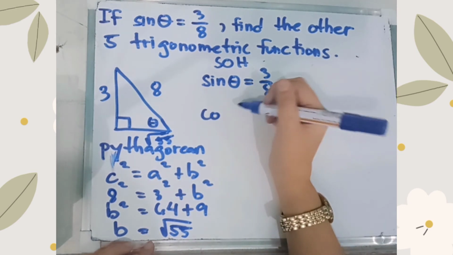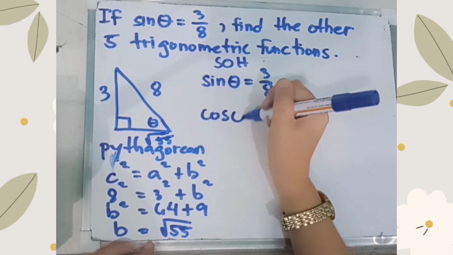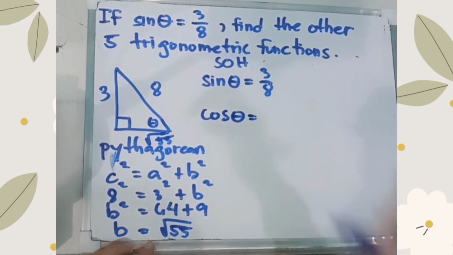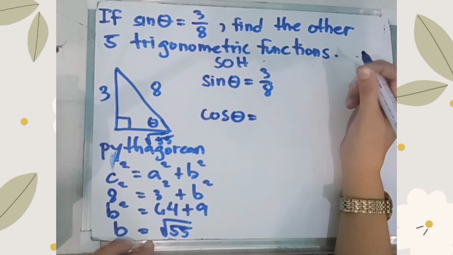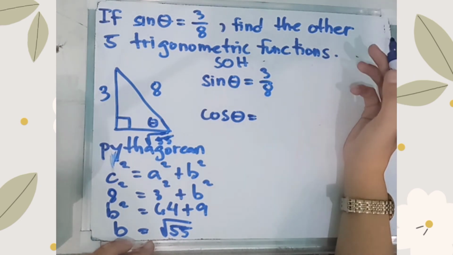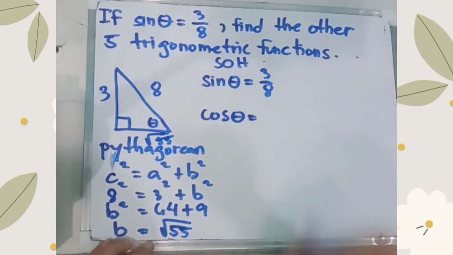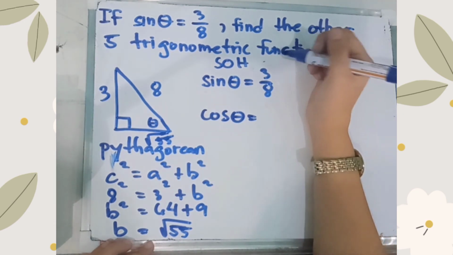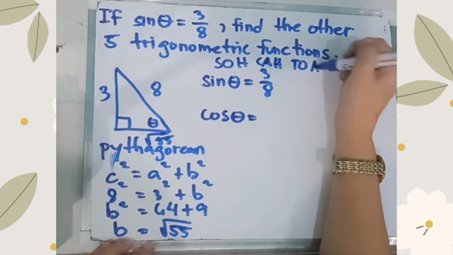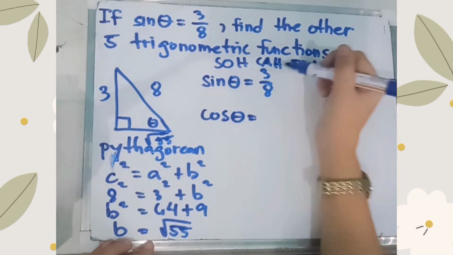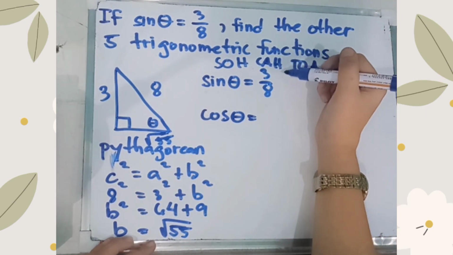So we have cosine theta. Again, if you're still having a hard time determining the trigonometric ratios, you can always make use of the mnemonics. Cosine theta is adjacent over hypotenuse.